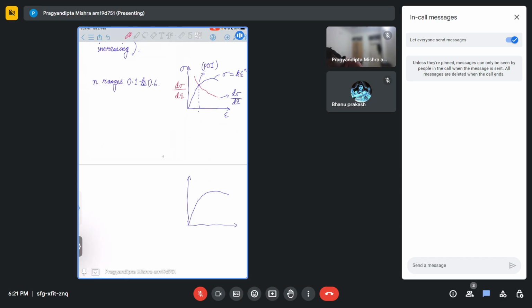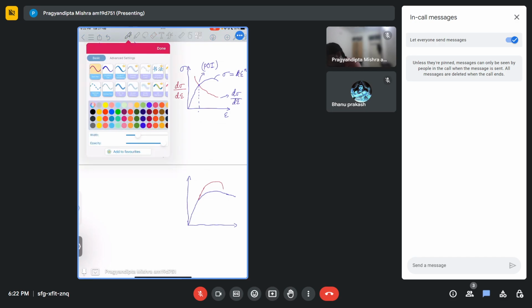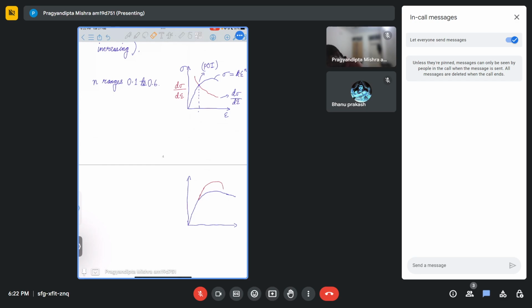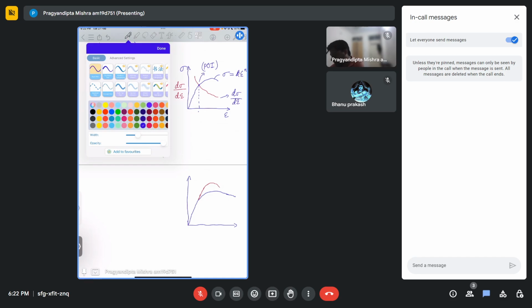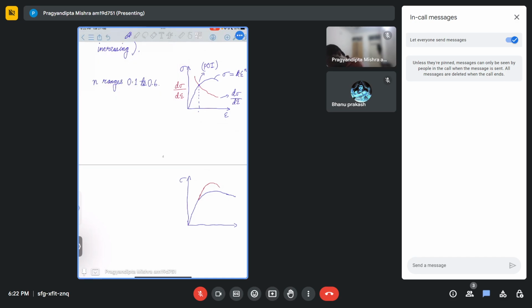So from here, the curve would look like this. While this was a longer drawn out curve, this dips very quickly. So this is how your higher n and lower n values would look.